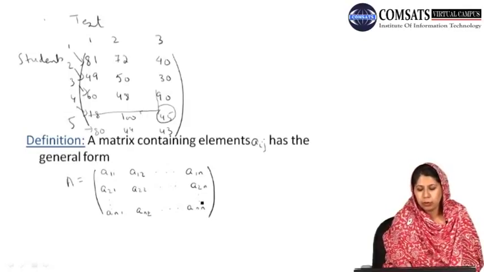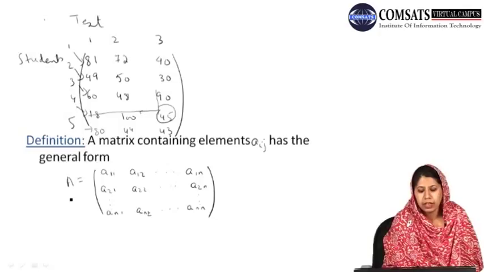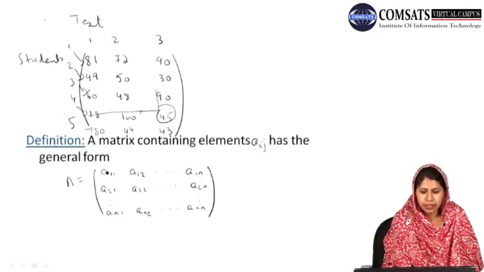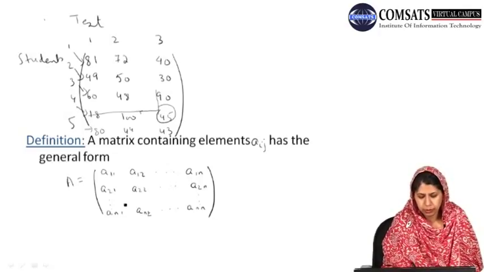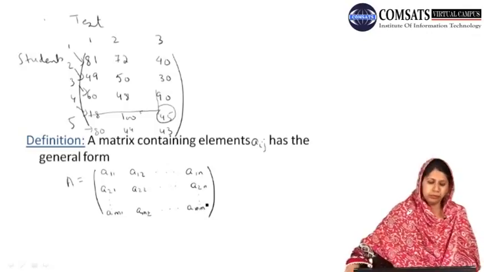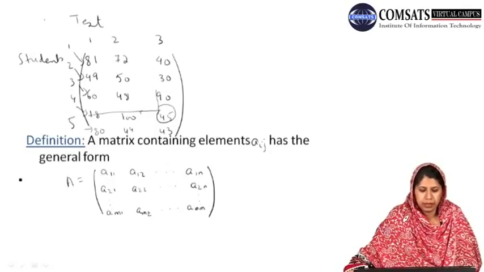Now this is the general form of representing a matrix, that is, A is the matrix and it contains elements Aij, where A has entries A11, A12 and so on up to Amn. So this is the general form of a matrix.